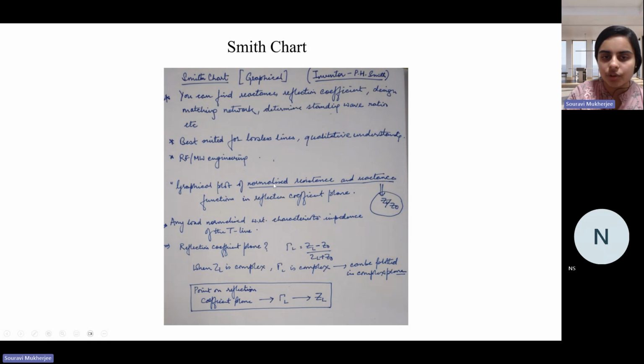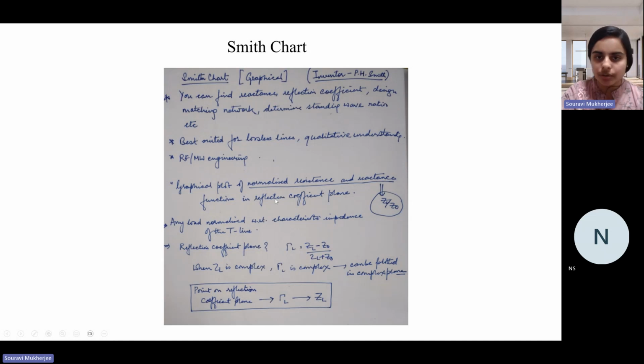First, normalized reactance or resistance means that we have to normalize them with respect to the characteristic impedance of your transmission line. Suppose your load impedance is ZL, and your characteristic impedance of the transmission line is Z0. So you normalize it with respect to Z0. So that's your normalized resistance and reactance.